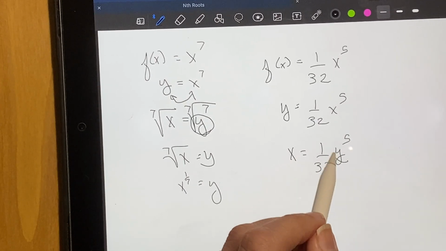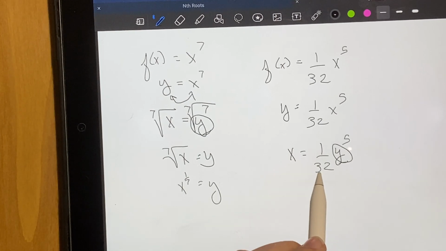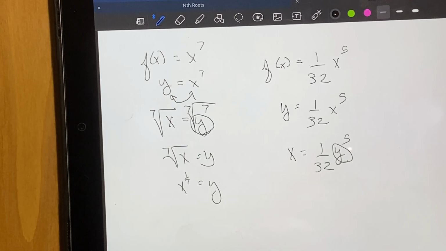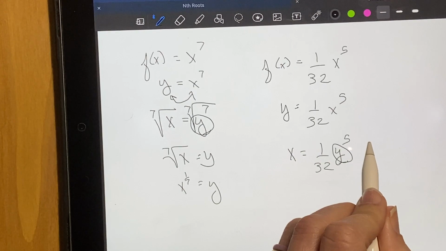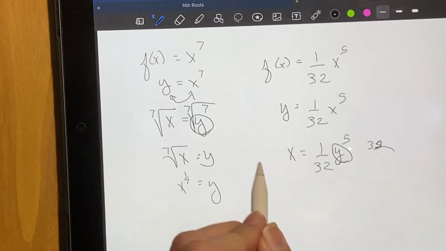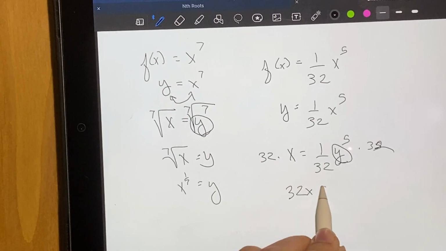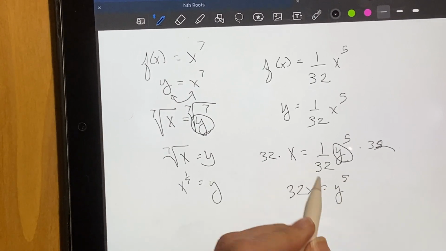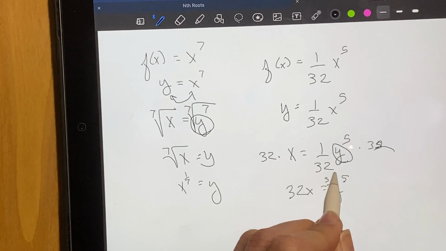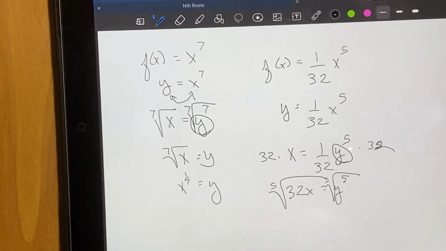Okay, I want to get y by itself. The first thing that I can get rid of is my 32. So I'm going to multiply by 32 on both sides, and I've got 32x equals y to the 5th. Now, I need to take the 5th root of both sides.